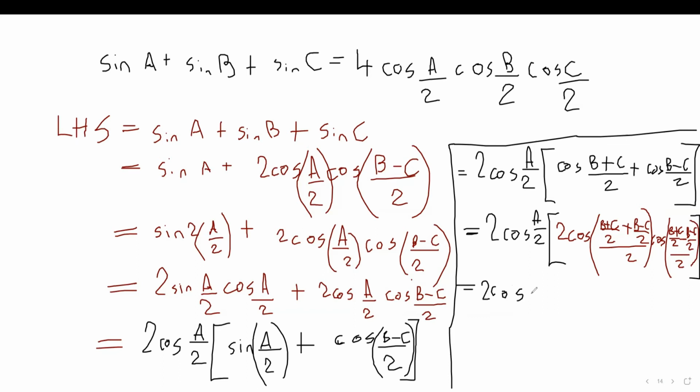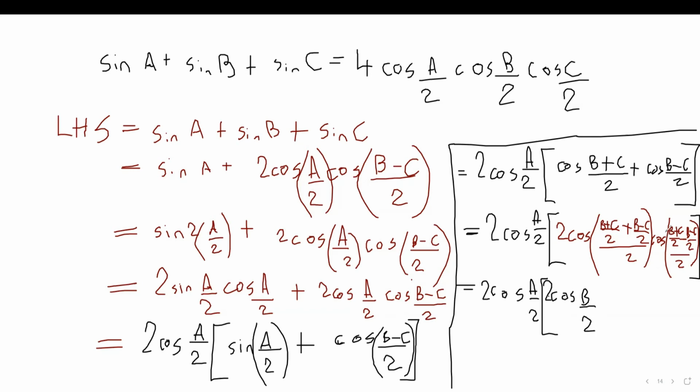So it's 2 times the cos of a over 2. In brackets here now we have b plus b is 2b, and 2b over 2 is b. Oh, I left off the 2 right here. So this is now 2 times the cos of, b plus b is 2b, 2b over 2 is b. This works out to be 2 times the cos of b over 2.